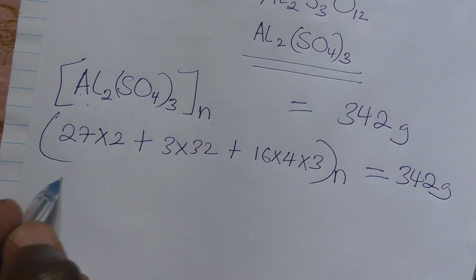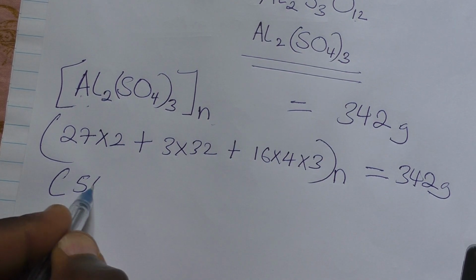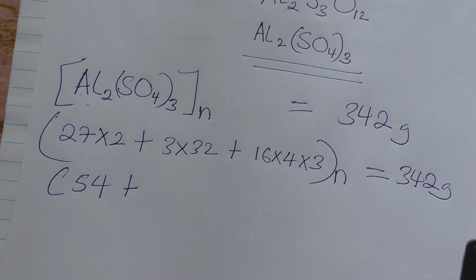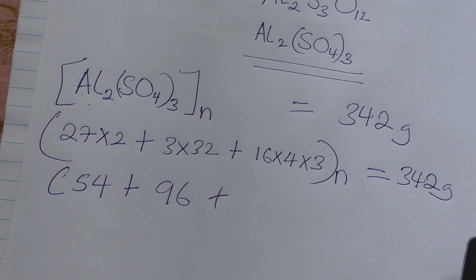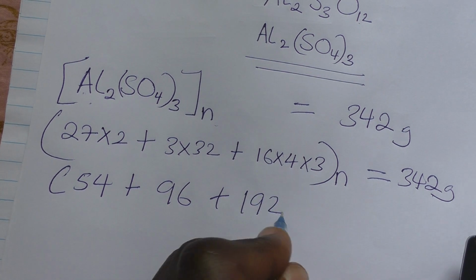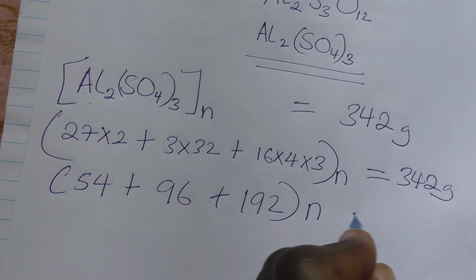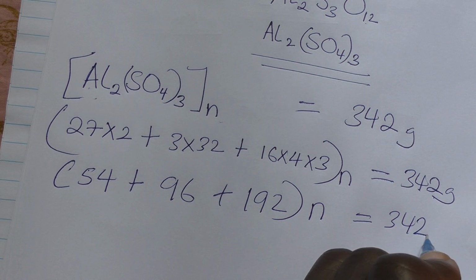This is 54, plus 3 times 32 gives us 96, plus 16 times 4 times 3 gives us 192. This times n must give us 342.